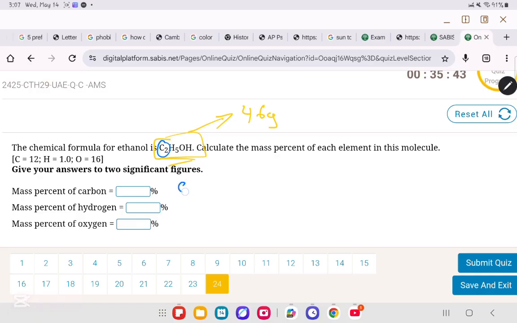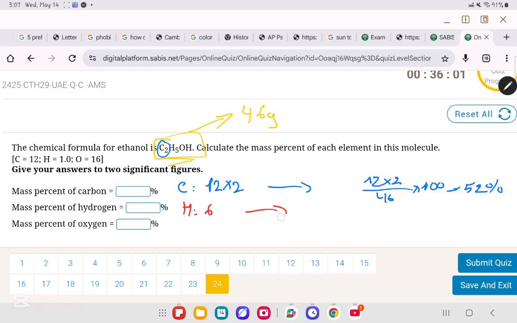So carbon, the total mass in this case is 12 times 2. So 12 times 2 over 46 times 100 will give us 52%. Okay? Then, for hydrogen, it has 6 grams, so it's going to be 6 over 46 times 100, which is 13%.